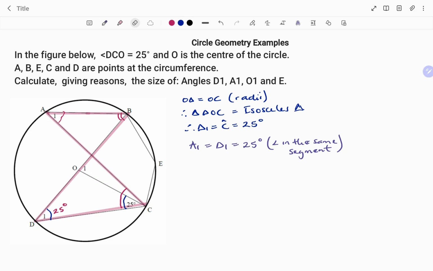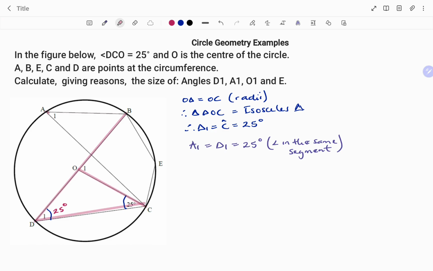To calculate my O1, which is the next angle, I'm taking out the lines. You will observe that I have OD, which is part of the triangle DOC, extended to B. I have DC, that's part of the triangle, and I have OC.